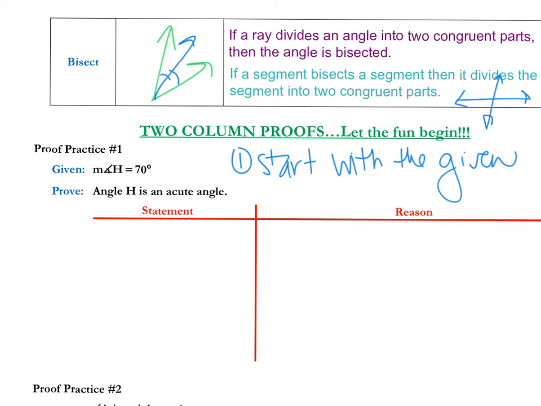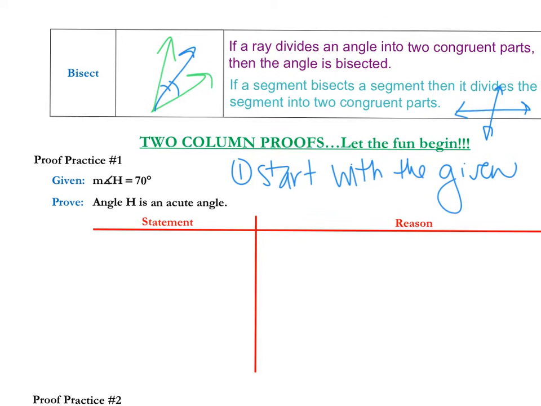That I literally do not know that a right angle is 90 degrees or that an acute angle is between 0 and 90 degrees. These are the things you have to prove. So we're going to start off with the given: measure of angle H equals 70 degrees. And the reason for that is it's given.